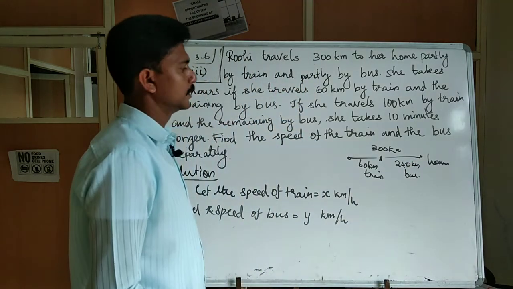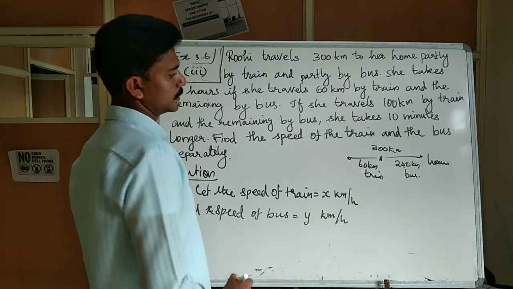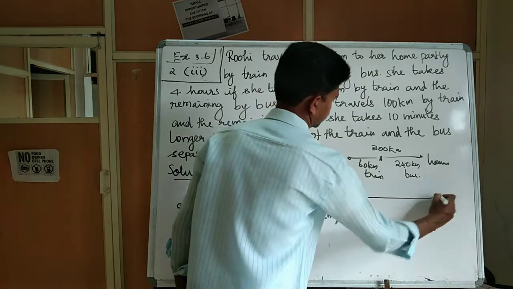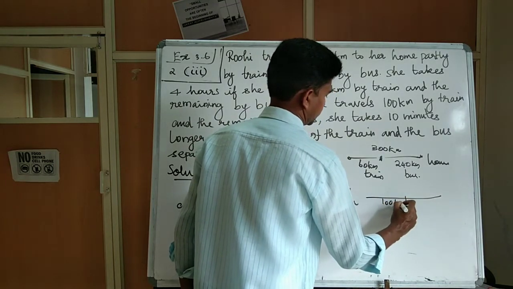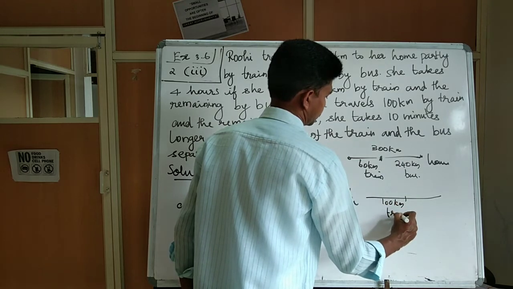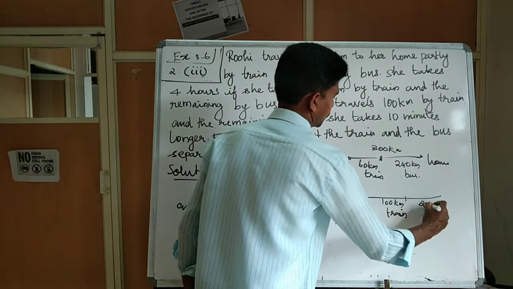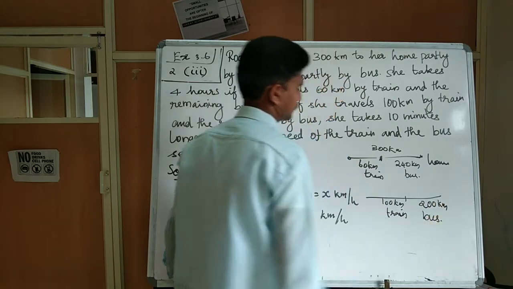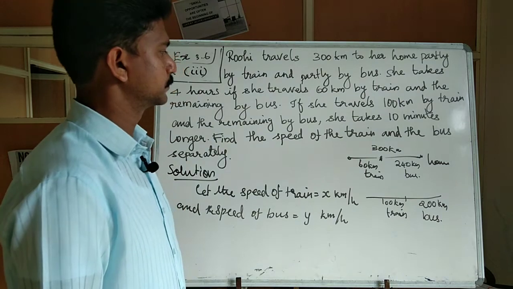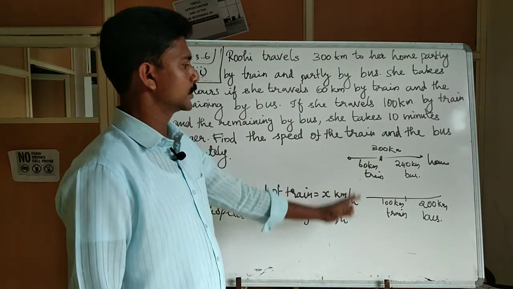The second case, she travels the first 100 kilometers by train, and the remaining 200 kilometers by bus. So these are the two cases.